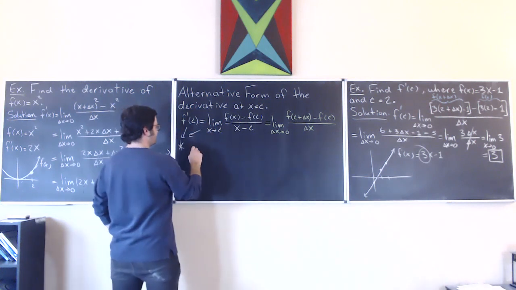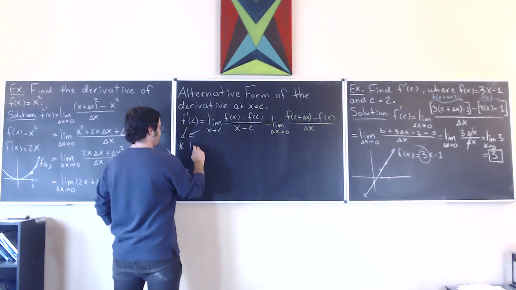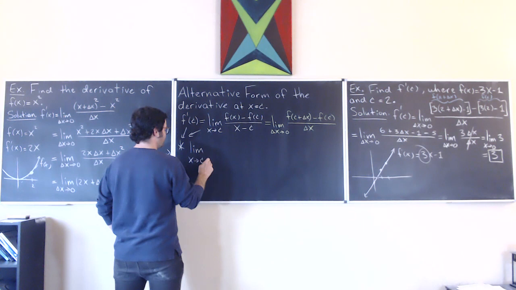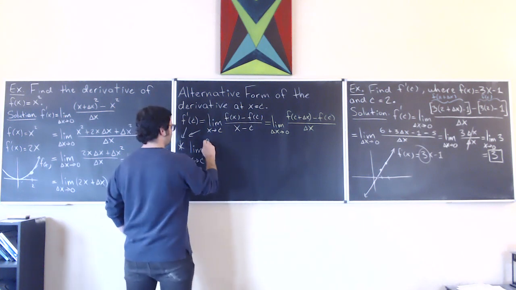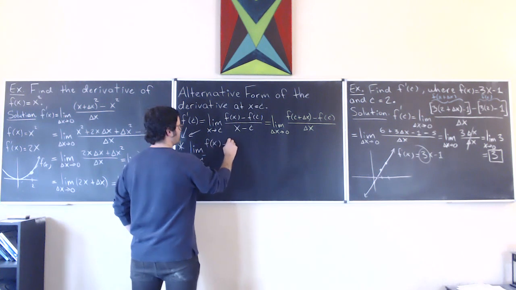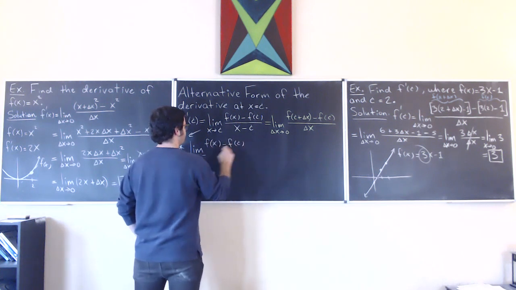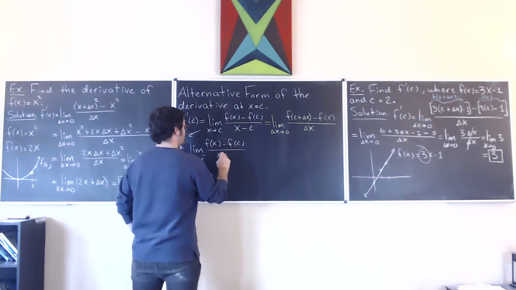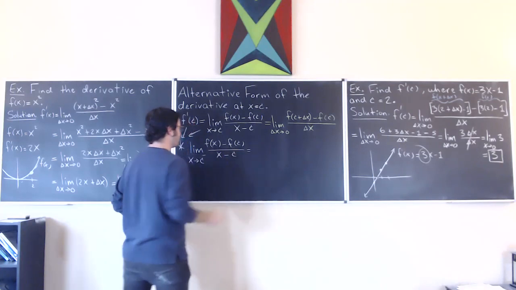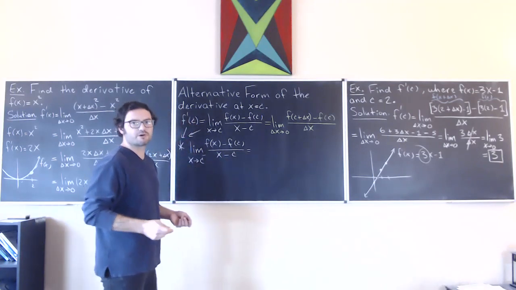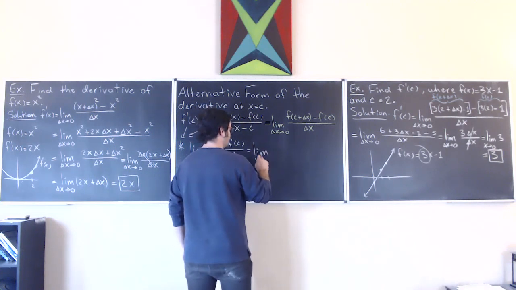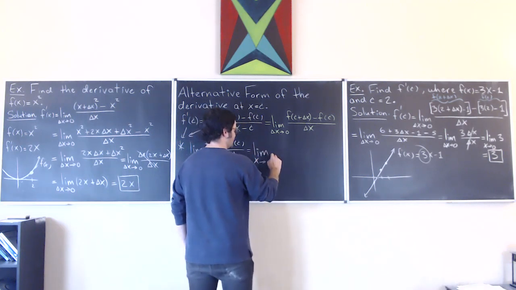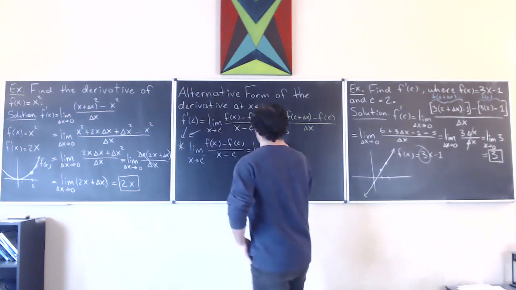It says that the limit as x goes to C from the left of this difference quotient needs to equal the limit as x goes to C from the right of the difference quotient.